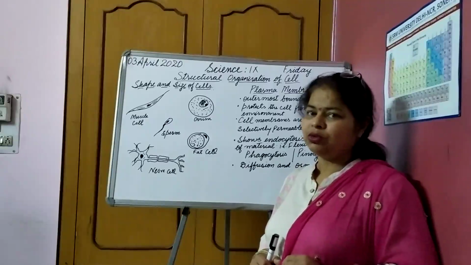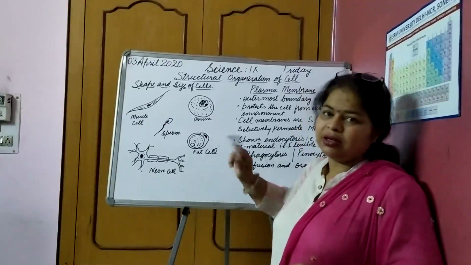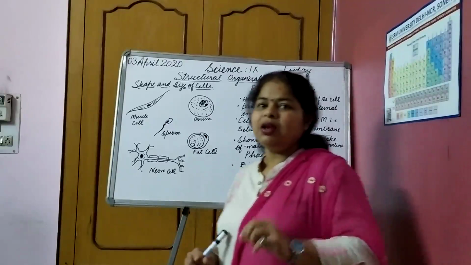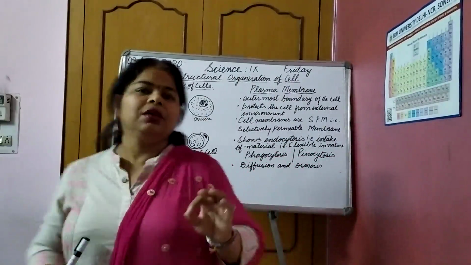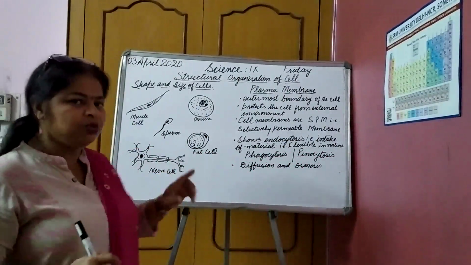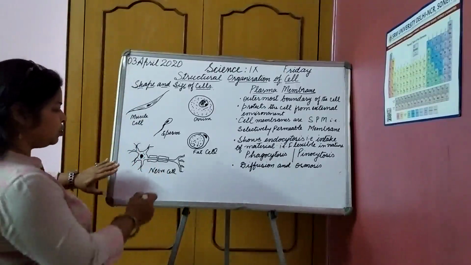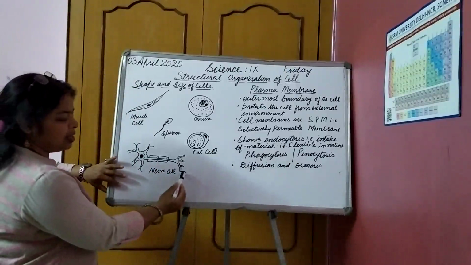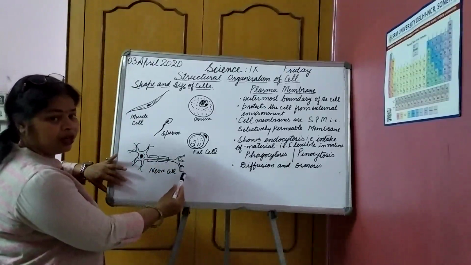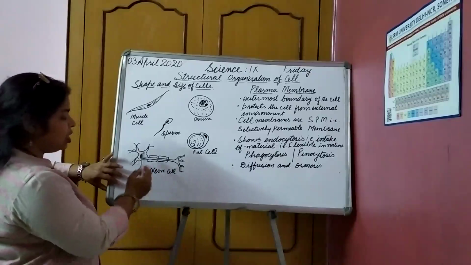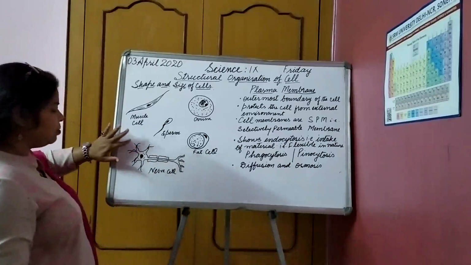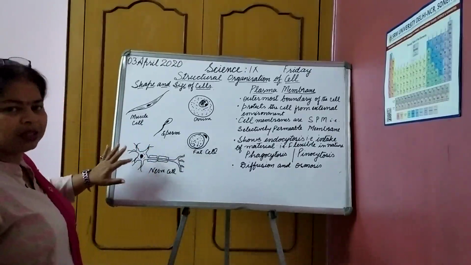And you will be surprised to know, this is the longest cell. The nerve cell is the longest cell in organisms. It can be up to 1 meter long. I have shown it in a very compact manner. These are the nerve endings. If you recall your 8th class, this is the axon and this is the cell body, which has dendrites, nucleus, cytoplasm and all.